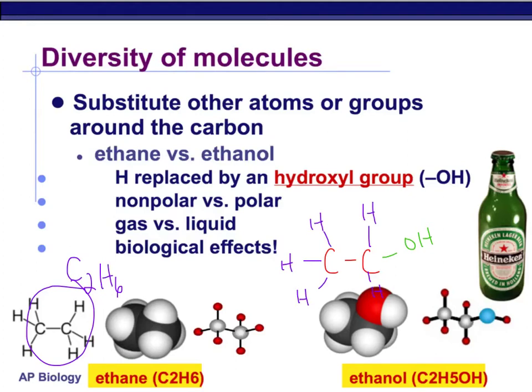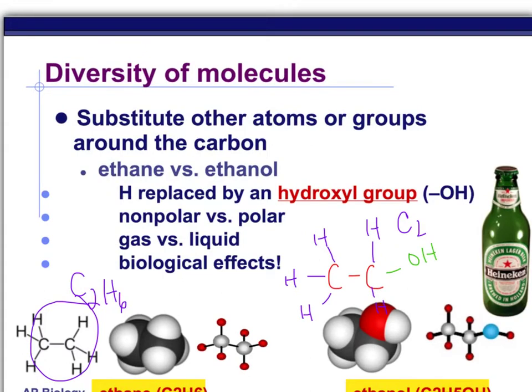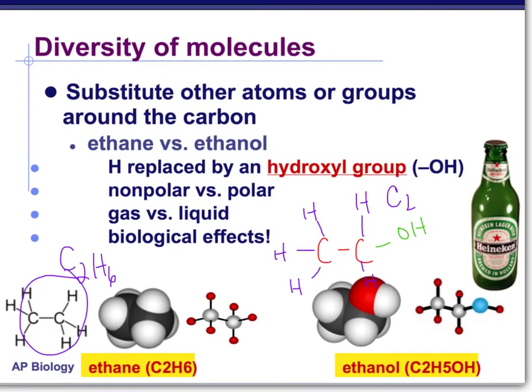The structural formula would be C2H5OH. So by getting rid of 1 hydrogen and replacing it with 1 hydroxyl group, we've pretty much changed what we're looking at.